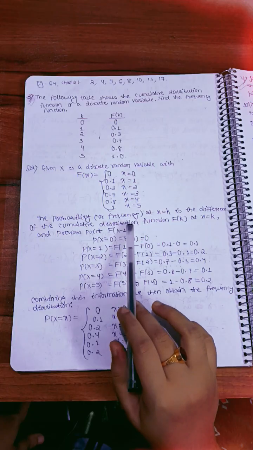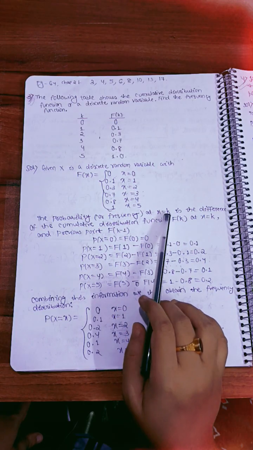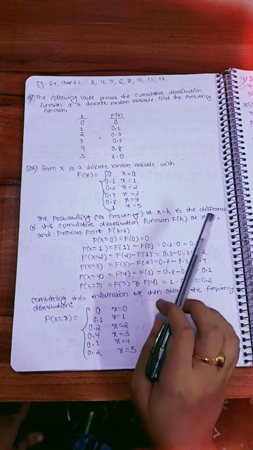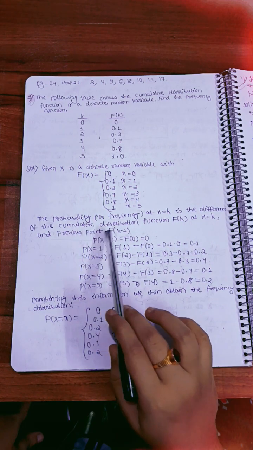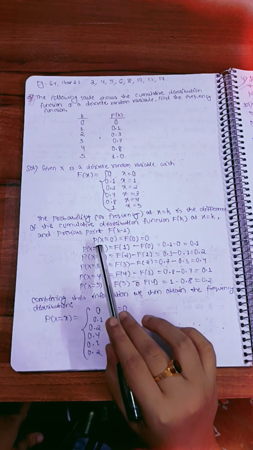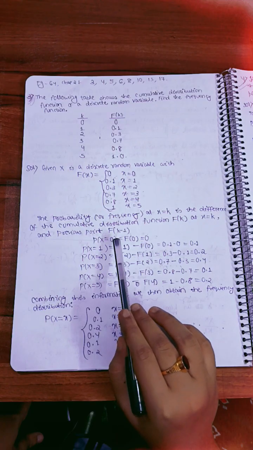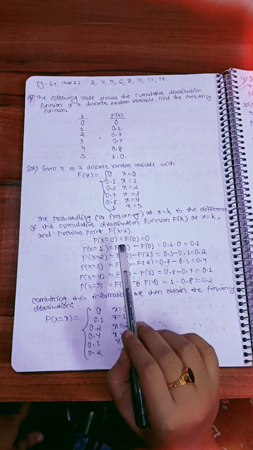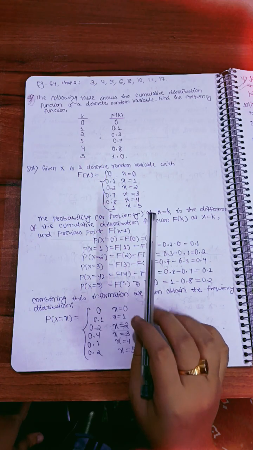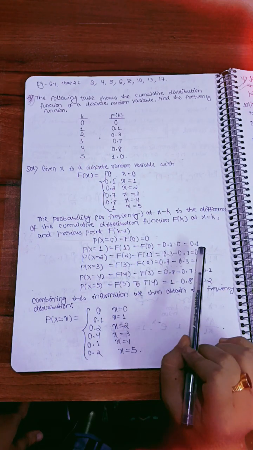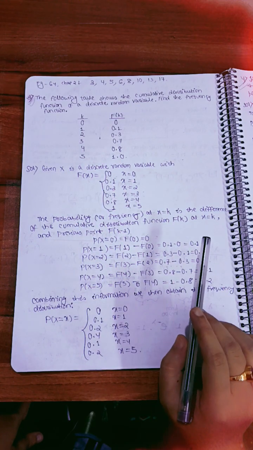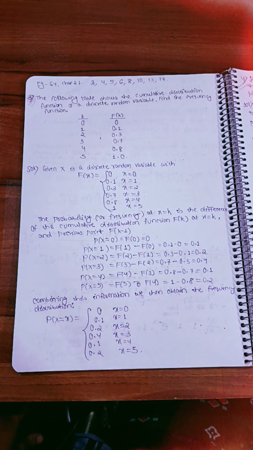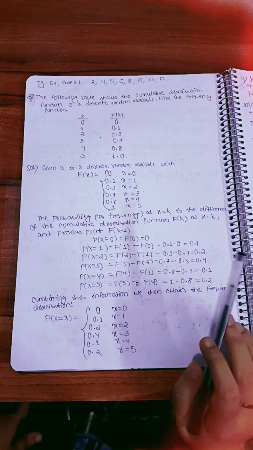So the probability or frequency at x equal to k is the difference of the cumulative distribution function F of k at x equal to k and the previous point F of k minus 1. So P of x equal to 0 is F of 0, which is 0. P of x equal to 1 is F of 1 minus F of 0, which is 0.1 minus 0, which is 0.1.